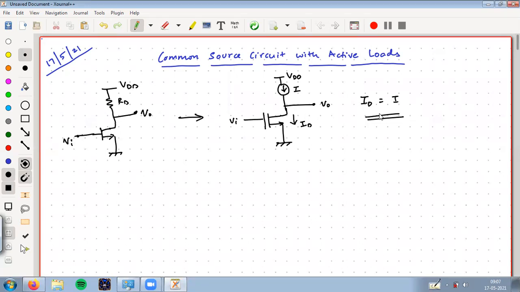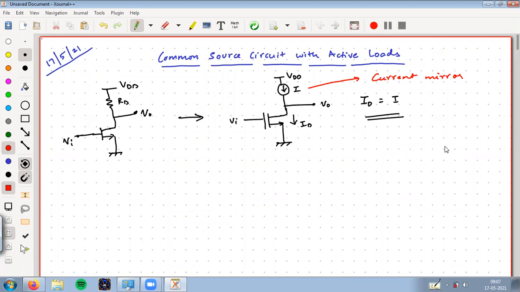The best way to use a current source here is to use a current mirror. We already saw this. This is one of the biasing schemes which we saw earlier: you had a source degenerative resistance, and the other one is to use a current mirror circuit.